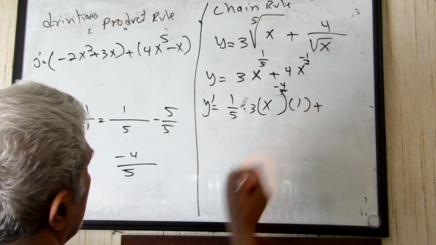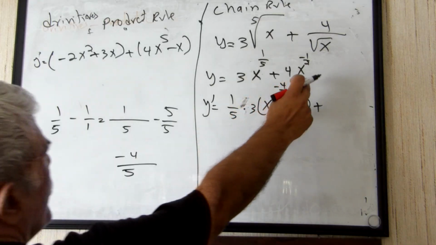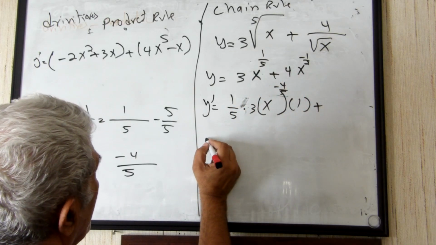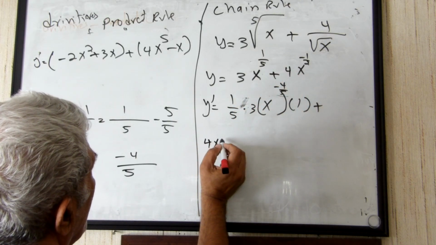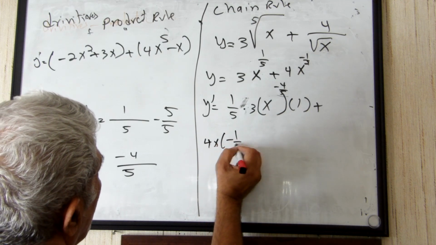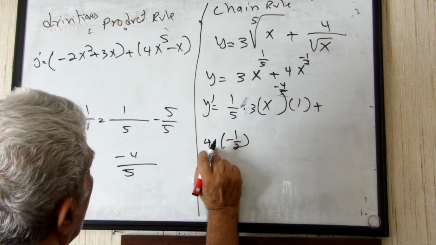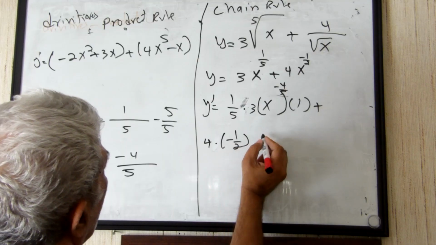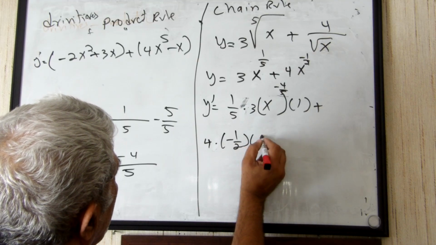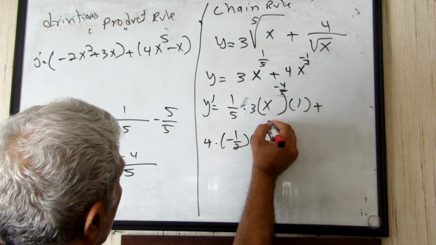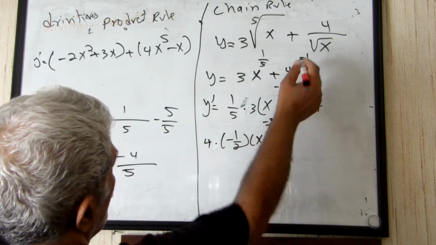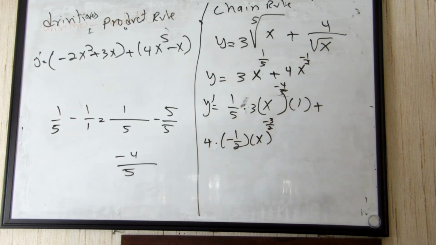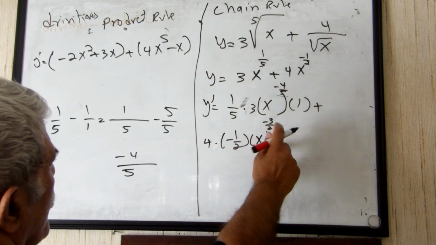Plus the derivative of this one is going to be 4 times minus 1 over 2, times x to the power of minus 1 over 2 minus 1. Minus 0.5 minus 1 is going to be minus 1.5, which is minus 3 over 2.